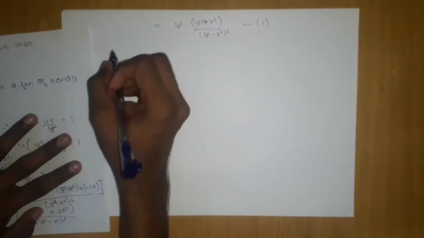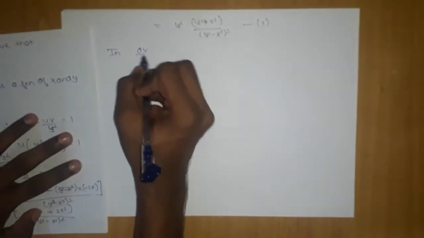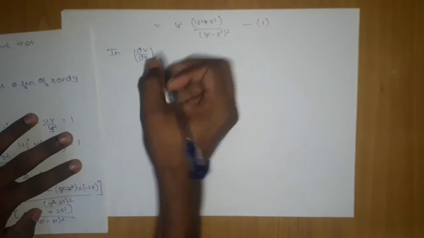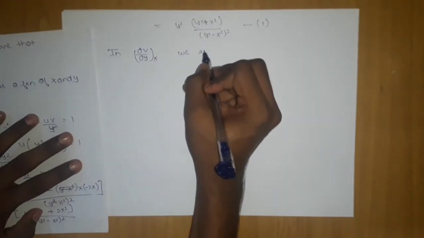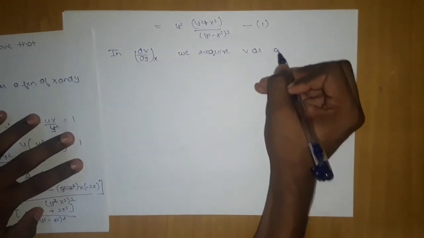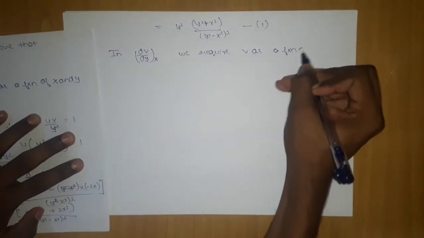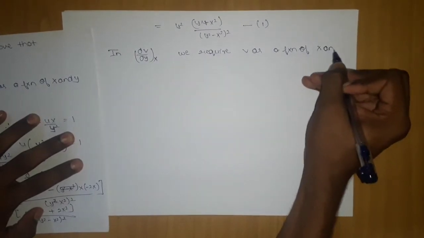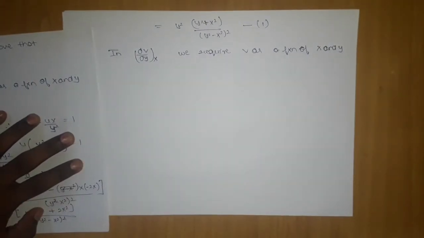Now in the second, in dv/dy, keeping x constant, we require v as a function of x and y. Don't you agree? Okay, we require v as a function of x and y.